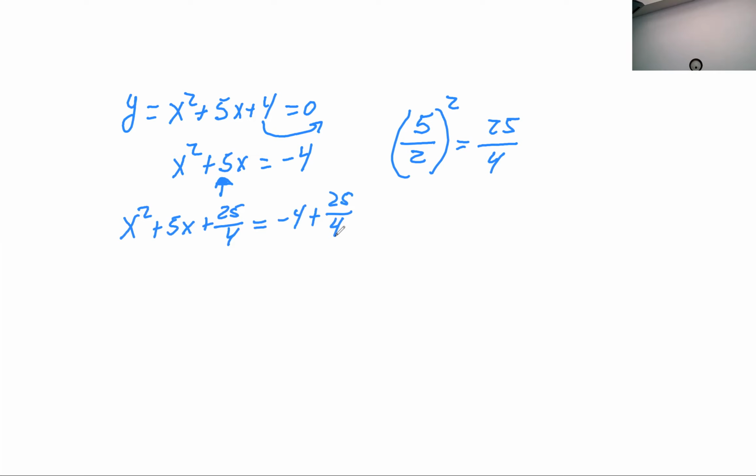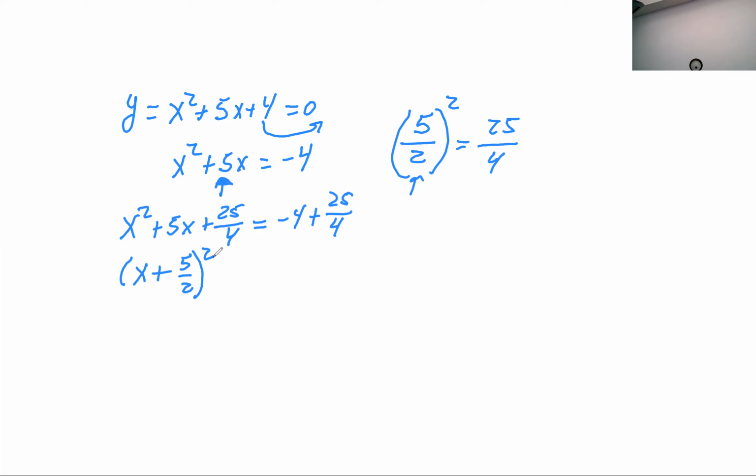But the idea of completing the square is that on the left side of the equal sign, this will always be x plus this number squared, which would be 5/2 squared. And so that's what we mean by completing the square. And again, for people going into optics or trying to manipulate an equation for a circle, you'll find that this technique ends up being quite useful.